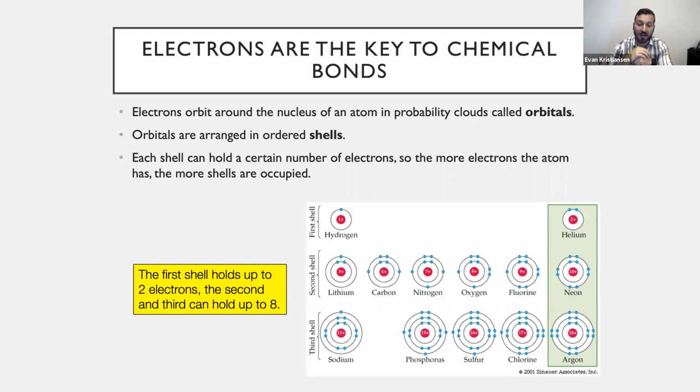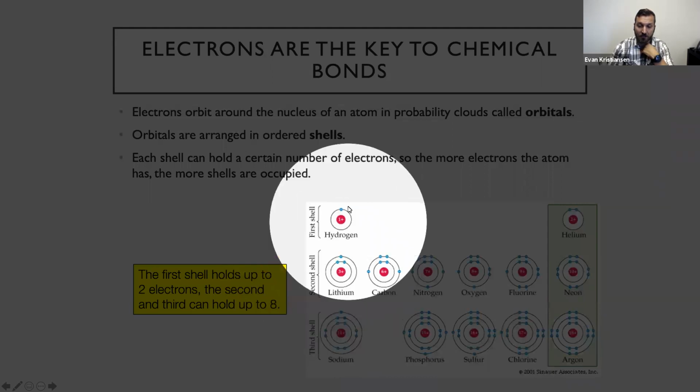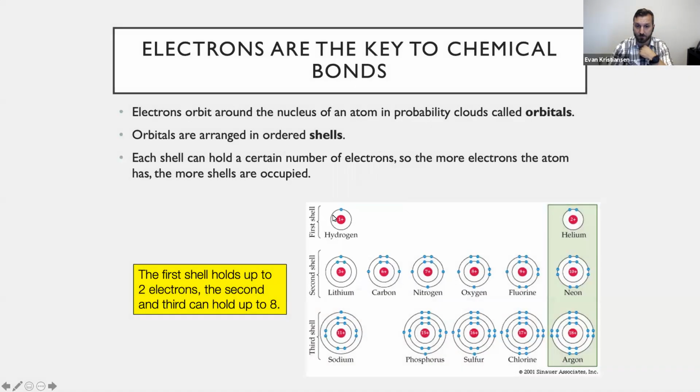So if you have an atom with 3 electrons, the first shell would be filled, and then the second shell would have 1 electron in it. That would be the case of lithium here. Whereas hydrogen, which only has one electron, is only occupying the first shell of its orbits.